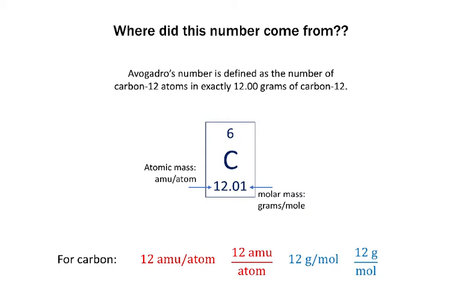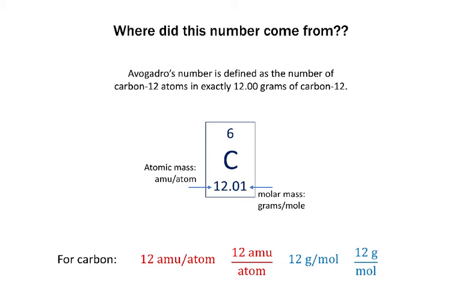Okay, if that makes sense. Let's break that down. So if you look in the periodic table, right, you'll see carbon, and we talked about this as the atomic mass, right, 12.01, and carbon 12 is actually an isotope of carbon that has exactly 12 total protons and neutrons, and so it would be 12 atomic mass units per molecule.